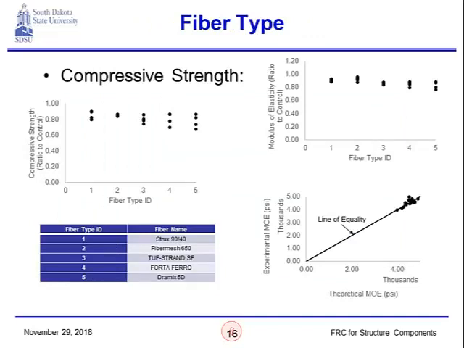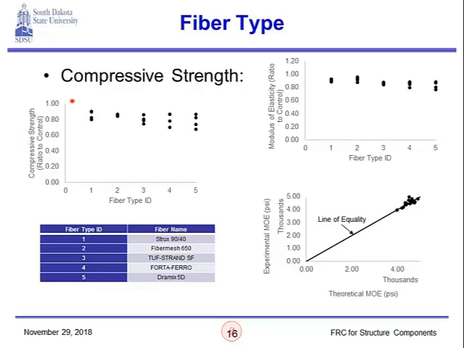Now moving to the compressive strength, we don't really see any effect. So here, this figure shows the compressive strength versus the fiber type, and this shows the modulus of elasticity versus the fiber type. Now the compressive strength here is presented as a ratio to the control compressive strength.